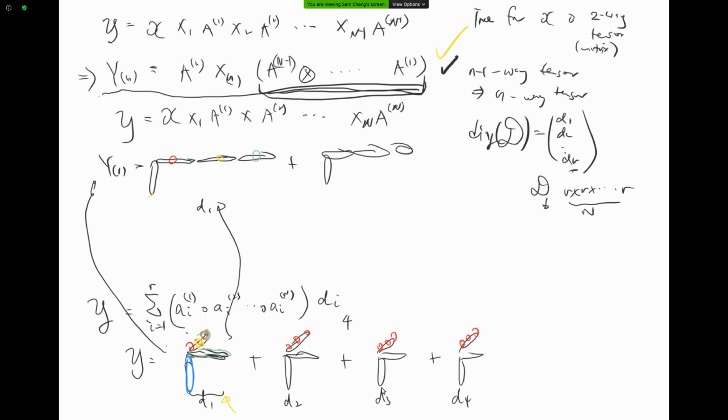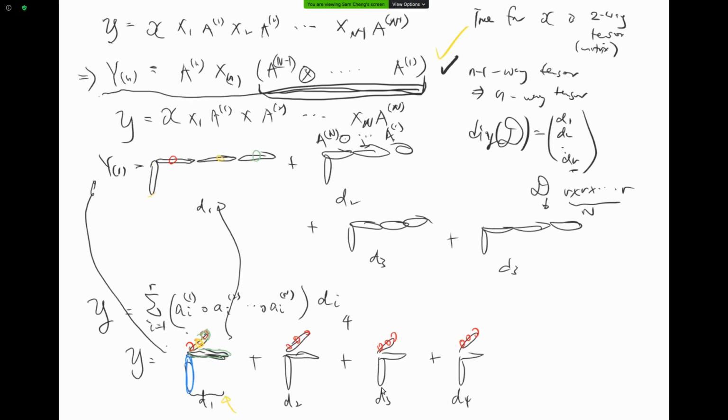This vector here is just equal to the Khatri-Rao product of the remaining dimensions, so it's a_n up to a_1, but excluding a_n here. Similarly, I have 2 more terms, d3 and then d4.